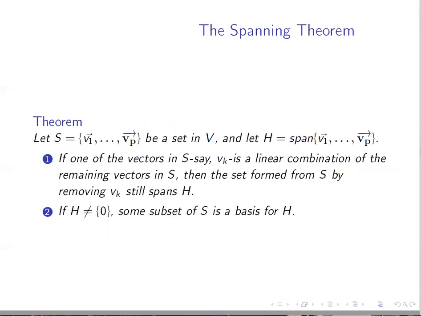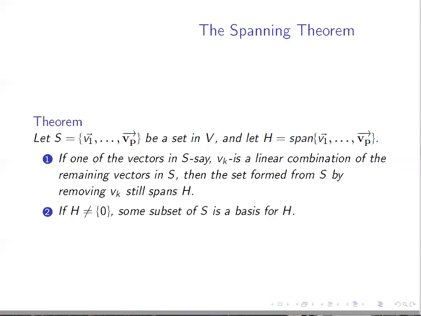Now, we do have an important theorem as we talk about this basis concept, known as the spanning set theorem. Let me read you this and then let's interpret it. We have a set of vectors, v1 through vp, and we say that H is spanned by that set. If one of the vectors in S, say vk, is a linear combination of the remaining vectors, then the set formed from S by removing vk still spans H. In other words, if one specific vector is a linear combination of the others, I can take it out and I still have the span.